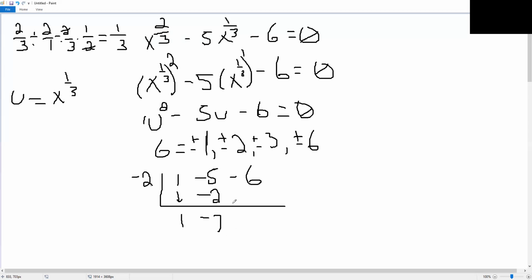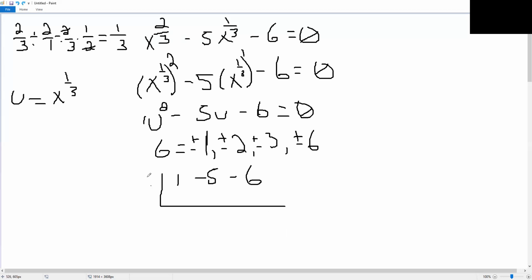It's -7. Does it make sense? Let's try it again. 2 times 1 is 2. This gives us -3. And this gives us -6. It does give us -6. -6 plus -6 is -12. That won't work. Well, let's keep going. Looks close, but just didn't work.